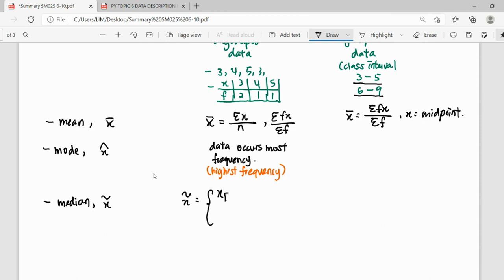The data at position S, or the data at position (x plus 1) over 2. What does this mean, the data at position x? We read the explanation about the S. S is about the integers.